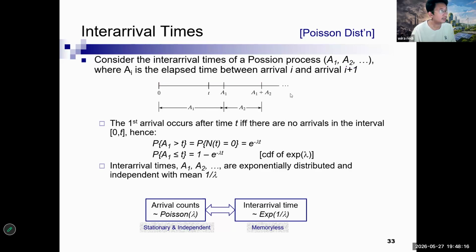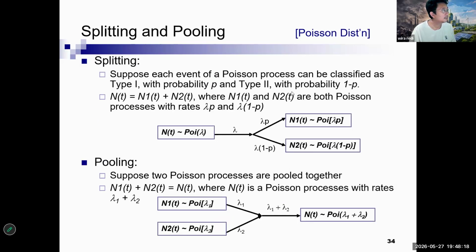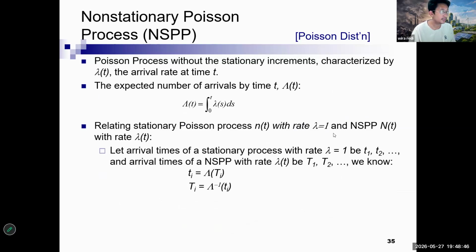We are not going to dig deep into the applications of the Poisson process, but later you can see that some explanations of queuing models would utilize this terminology.